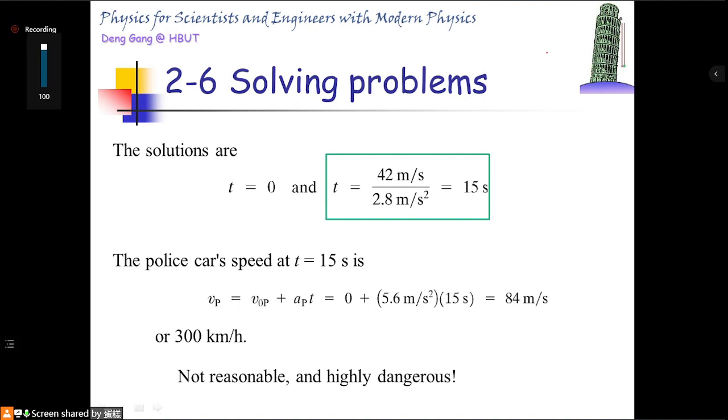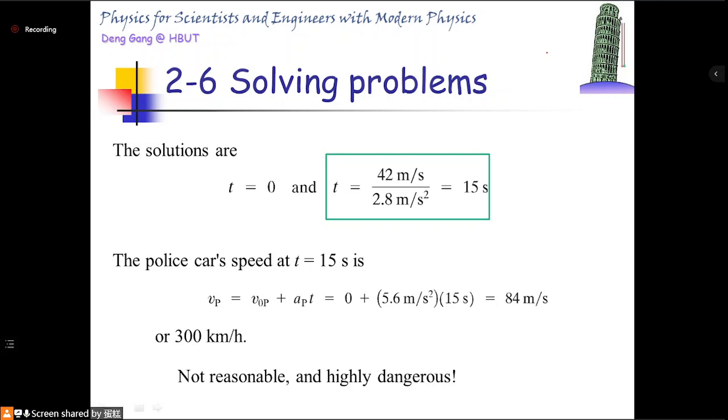You should follow the rules, so the others can follow the rules. The speeder is only going 150, but you are going 300. That's not reasonable. So a police car cannot run that fast. It's not safe.